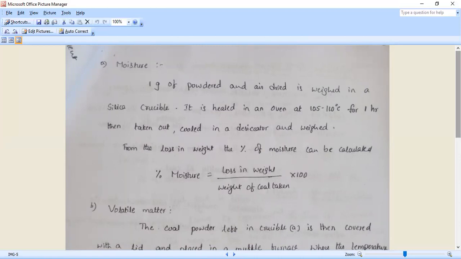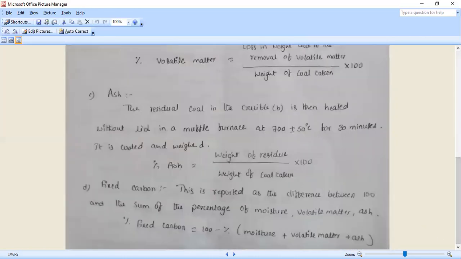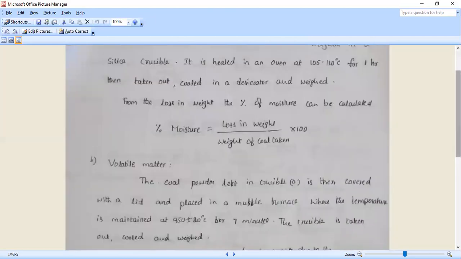Next we go for volatile matter. Here the coal powder is taken into a crucible. The mouth of the crucible should be closed with the lid and placed in a muffle furnace where the temperature is maintained at 950 degrees Celsius plus or minus 20 degrees Celsius for 7 minutes.